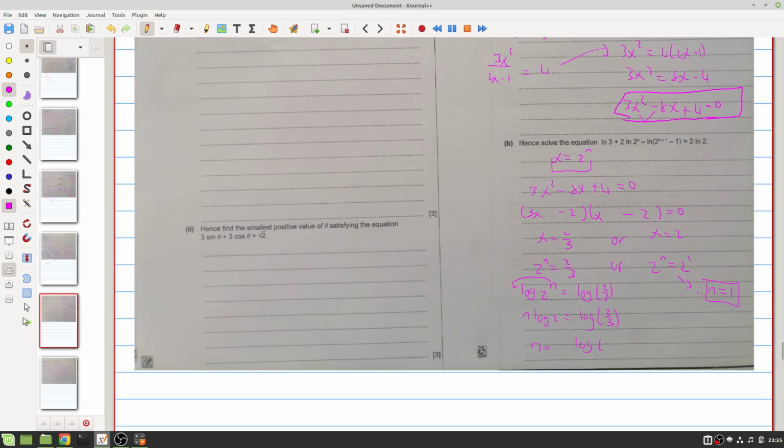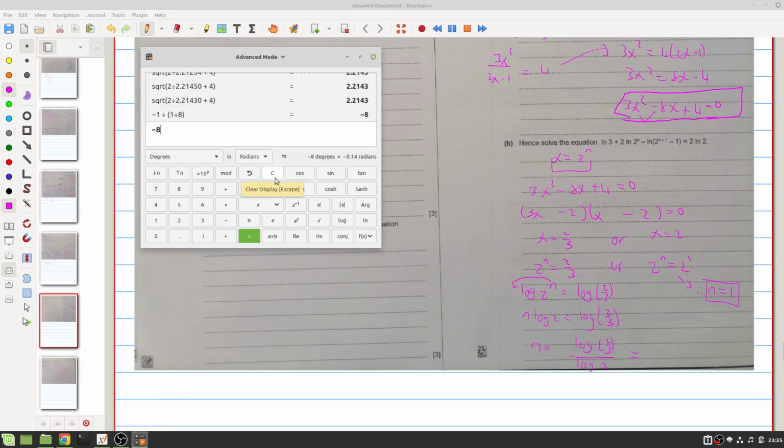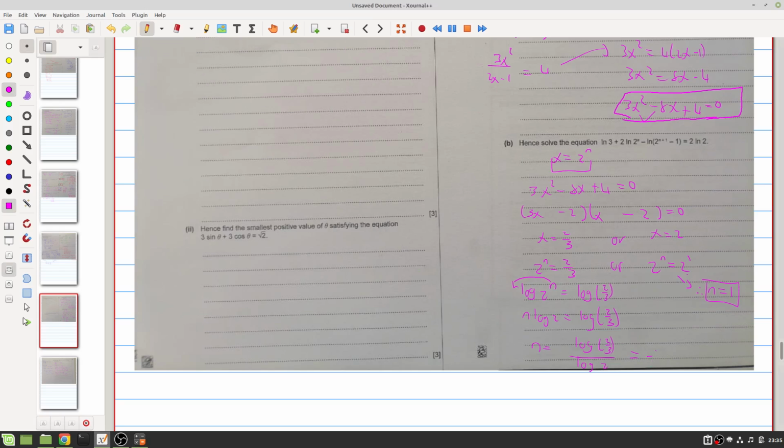So we've got log of 2/3 divided by log 2. And that gives us negative 0.585. Okay, so these are our two answers.